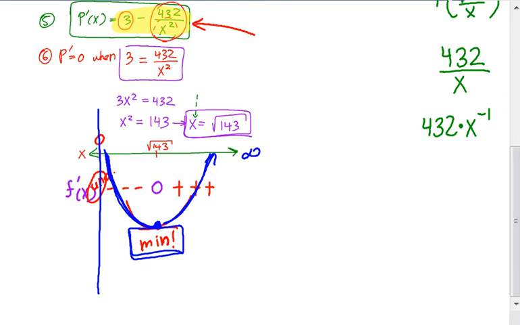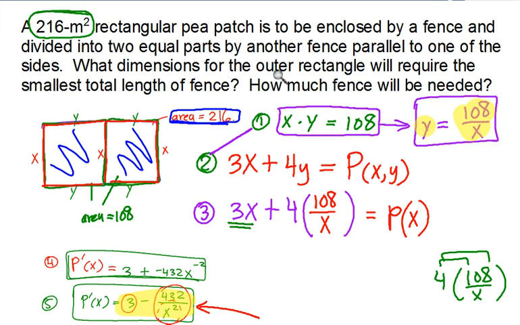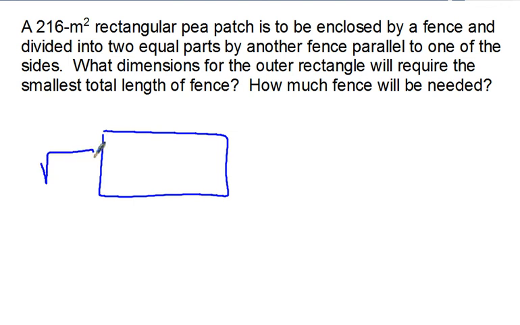All right, now it's been so long since we talked about this fence problem. Let's get back to it and try to pull things together. All right, so let me go over here and just pop this problem down, and let's try to wrap it up. Here goes. So on the previous screen, we got that x should be the square root of 143.